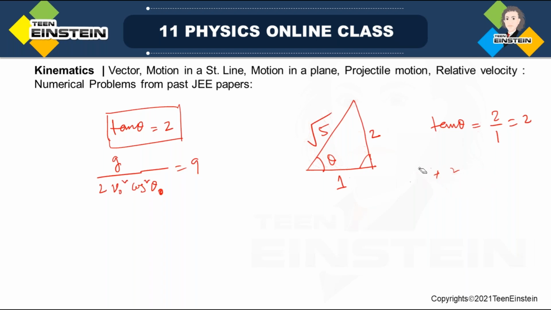Now from this figure, can you find out what is cos theta? This is very simple. Cos theta is base by hypotenuse. I'm writing clearly again.